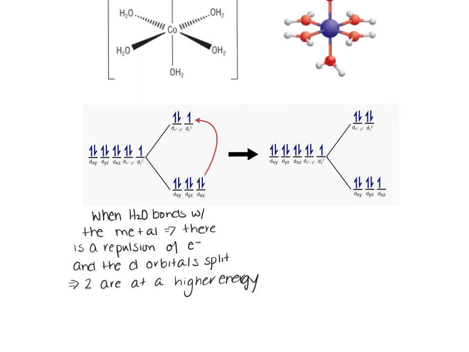And if they are not full, then what can happen is an electron can go from this energy level to this energy level. So it can absorb energy. So what happens is the white light will cause the electron to absorb energy and be promoted to the higher energy level.